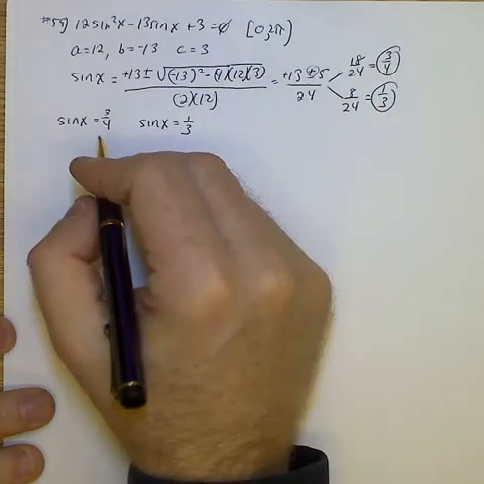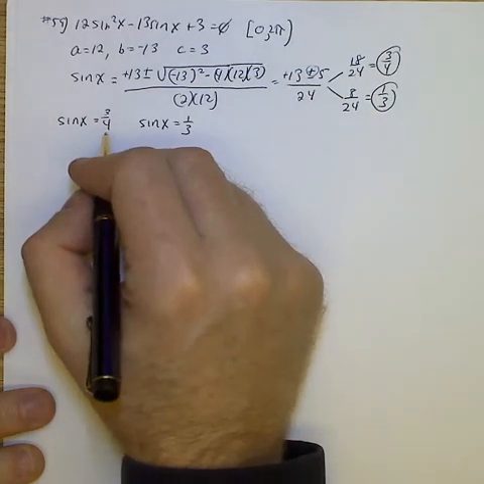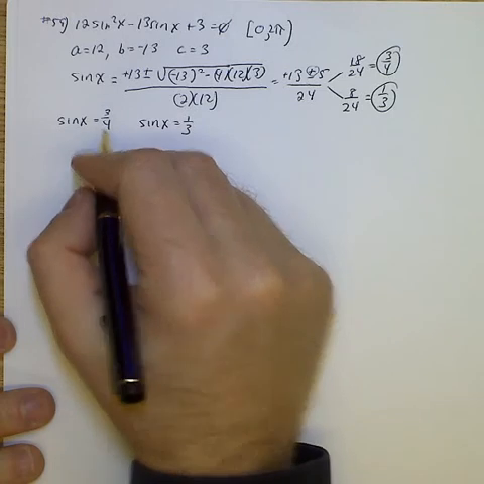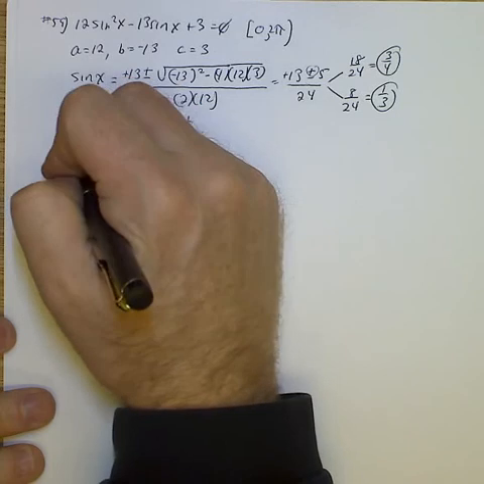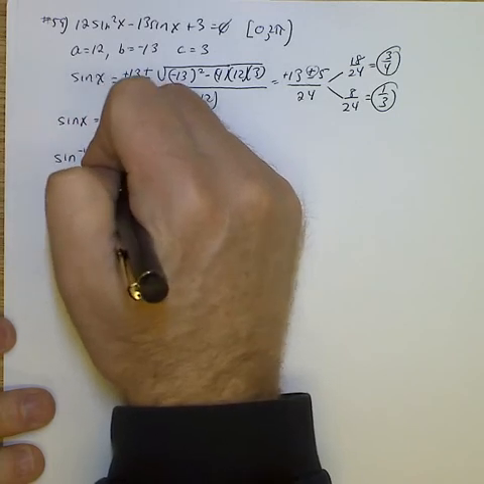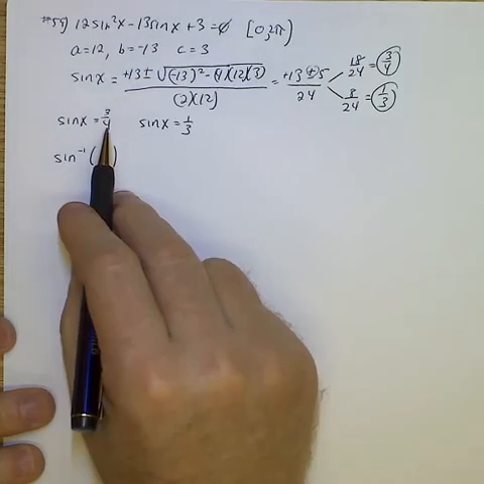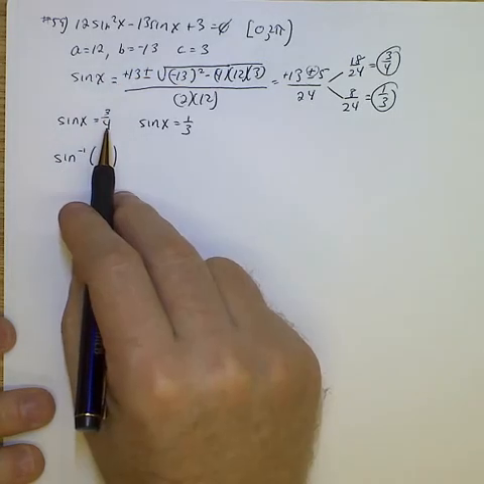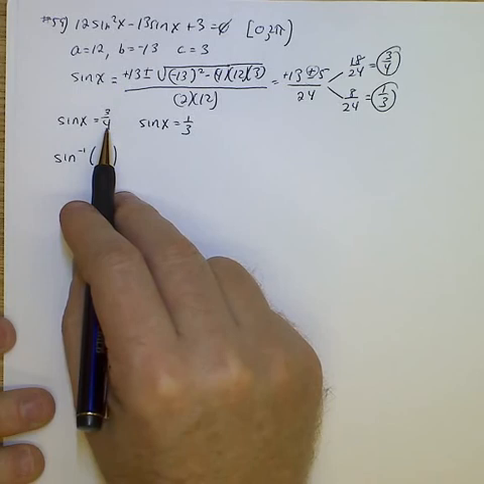What you have to do now is make sure your calculator is in radian mode. So hit the mode button, make sure you're in radians. And what you're going to enter on your calculator is the sine to the negative 1 of 3 over 4, because for 3/4 there's not a special triangle. This is not a 30, 60, 90 or a 45, 45, 90. We don't have a triangle for this, so you do the arc sine.